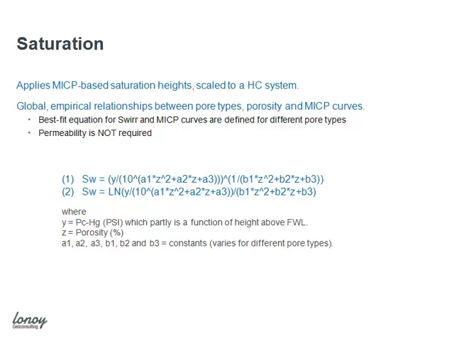Permeability is not a required input, as opposed to the J-function methodology. There are two equations applied for predicting the water saturation. Which one to apply depends on the pore type. Using these equations, it is possible to create tools for predicting capillary pressure curves and water saturation.